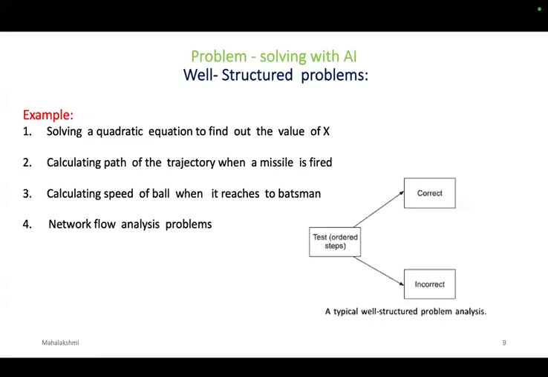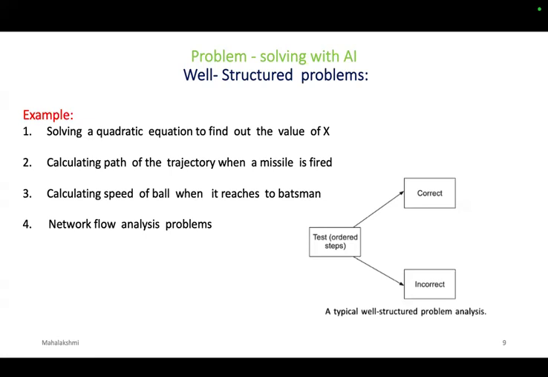For example, solving a quadratic equation to find the value of x. In a partial differential equation, finding x with respect to different values or parameters, we are going to follow the same procedure, and the result is going to be obtained for the values of x or y. They follow similar steps for whatever the problem or parameter may be.